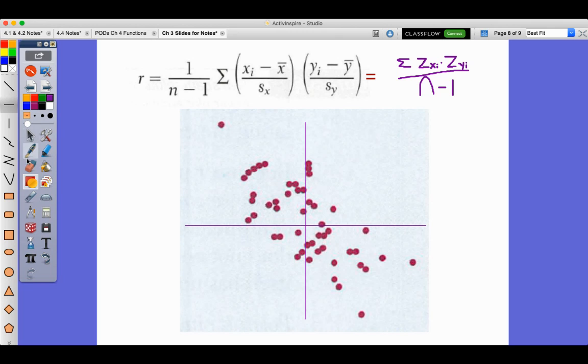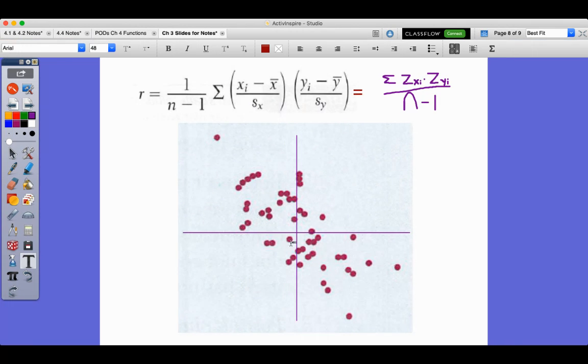So as you go to the right, you see that it's positive z of x, and over here, it's a negative z of x. And up here, it's a positive z of y, and down here, it's a negative z of y.